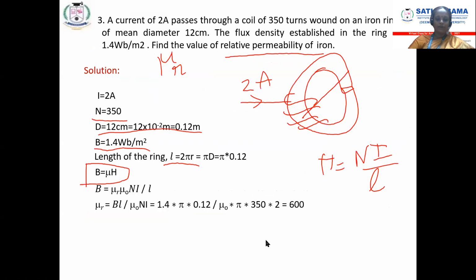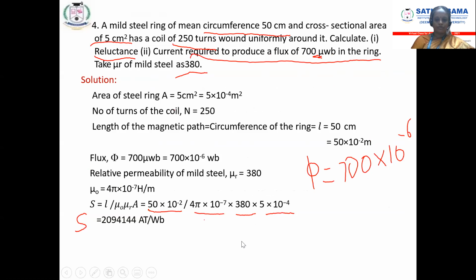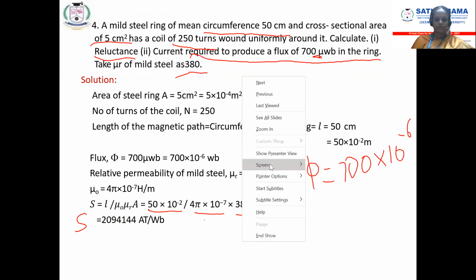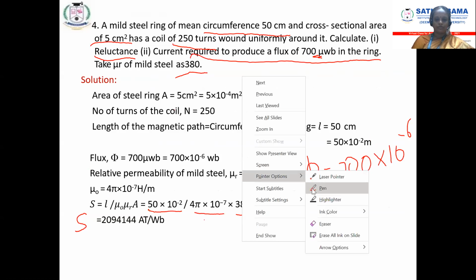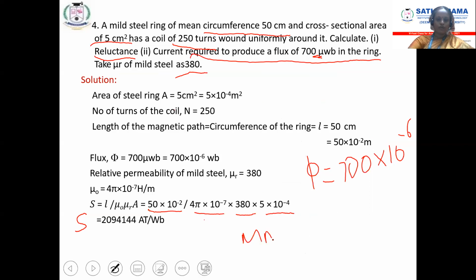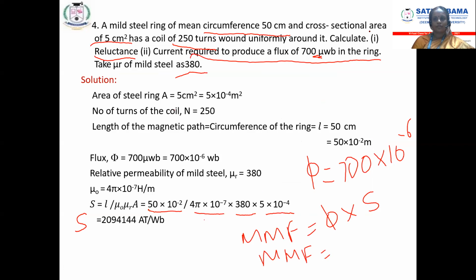MMF equal to flux into reluctance. So what is the value of MMF you are getting? All have put the values and the formulas.